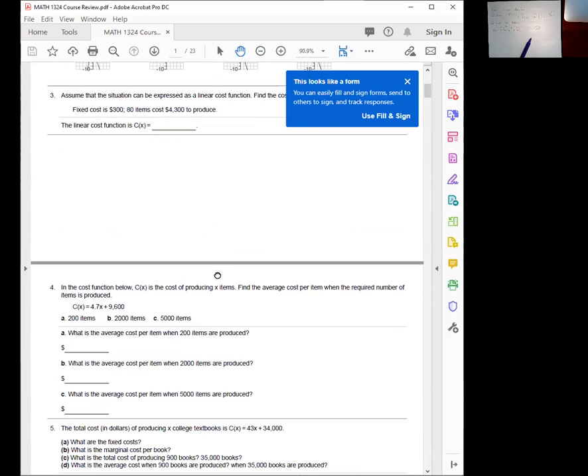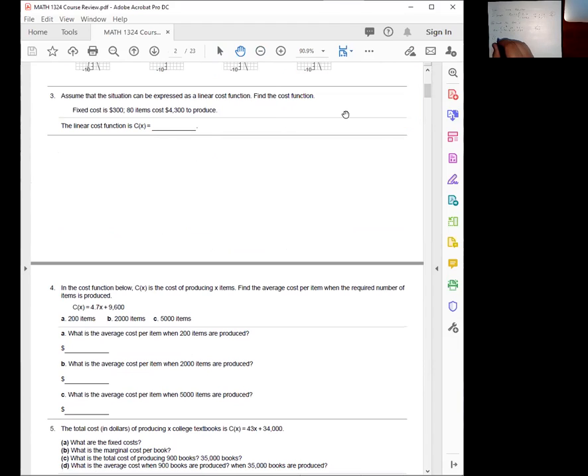All right. So number 3. Number 3 says a bunch of stuff. Assume that the situation can be expressed as a linear cost function. Find the cost function. Fixed cost is $300. 80 items cost $4,300 to produce.